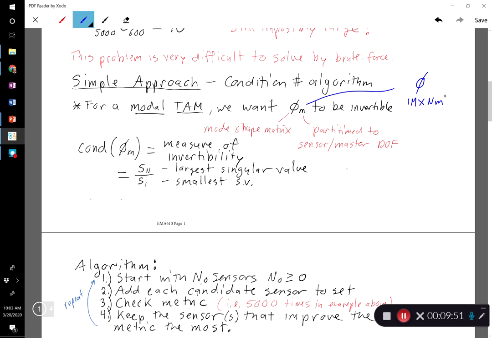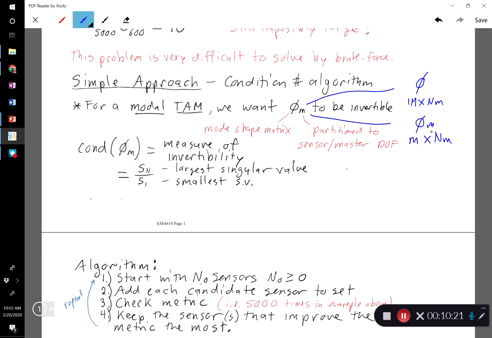And when we do the test, this becomes the number of master degrees of freedom, or the number of sensor locations, by the number of modes. So we want to be able to invert that matrix. If we can, then we can know uniquely what every mode in the structure is doing. We'll talk more about that later.